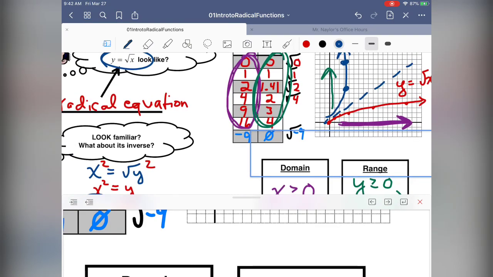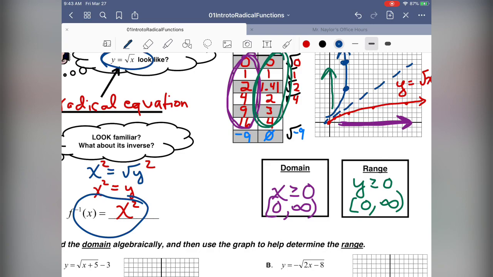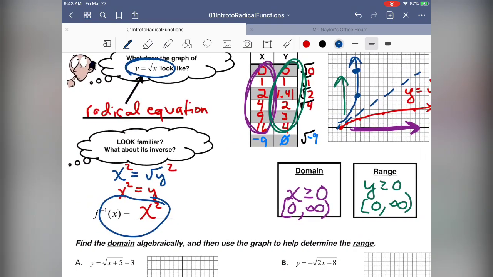Now, since we only graphed half of the parabola as our inverse, we have to make a little restriction on this answer we got, and that restriction is to say that we're only going to end up with x's that are greater than or equal to 0. In other words, the right half of that parabola.